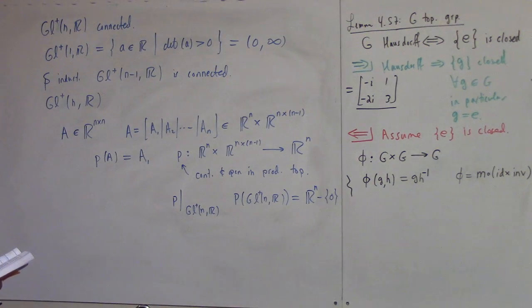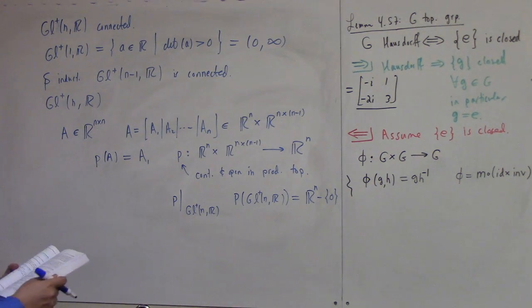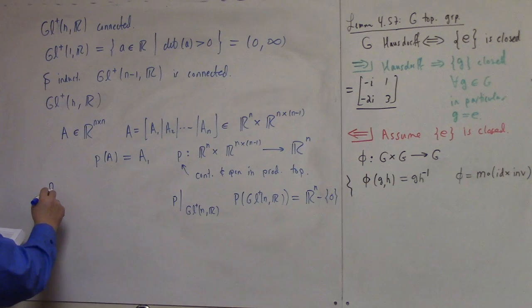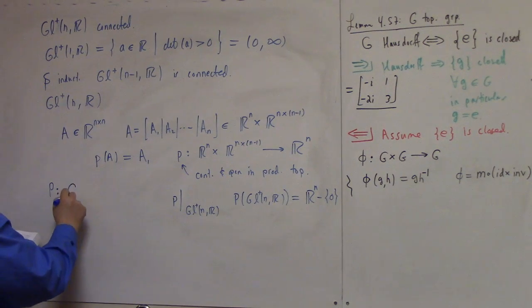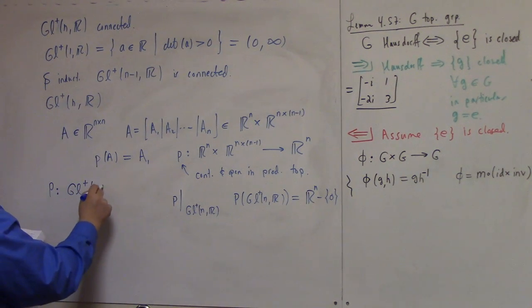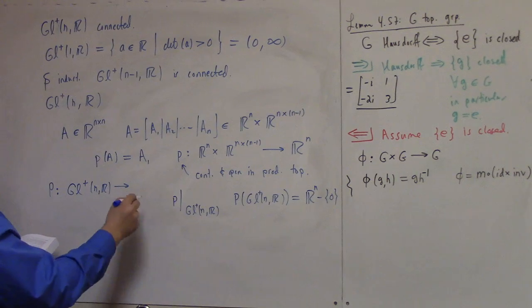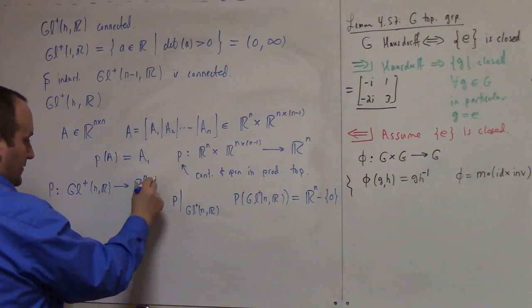So what we have then is P restricted. P is the mapping from GL plus n of R to R n with 0 removed.